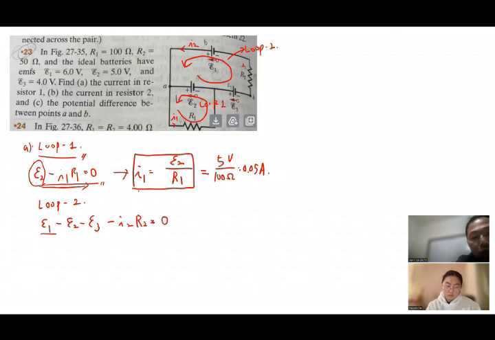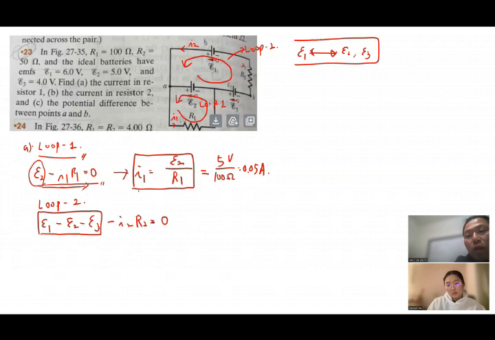So you have to just make sure along any direction of the current flow, E2 and E3 are in the opposite direction of E1. So it doesn't matter which direction you choose, the sign of E2 and E3 should always be opposite to the one of the E1.